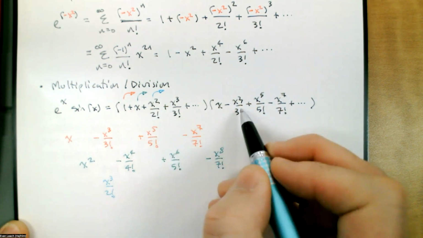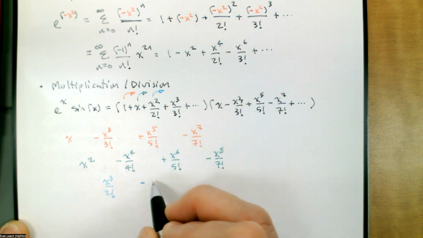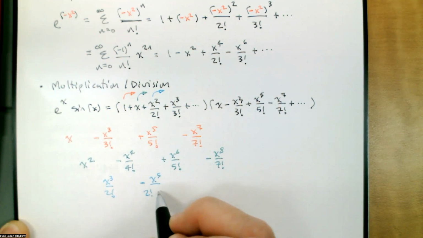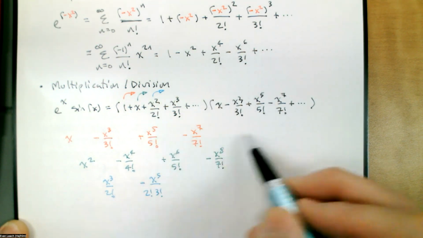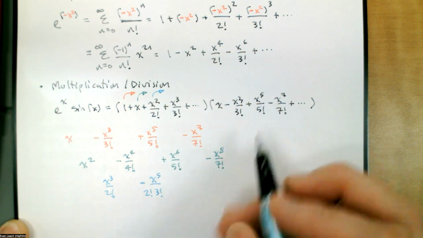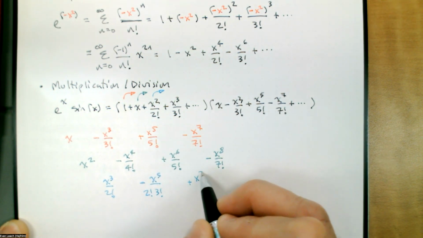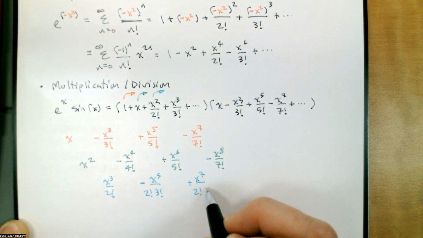X squared over 2 factorial times x cubed over 3 factorial will be minus x to the 5th over 2 factorial times 3 factorial. X squared over 2 factorial times x to the 5th over 5 factorial is going to be plus x to the 7th over 2 factorial, 2 factorial, 5 factorial.